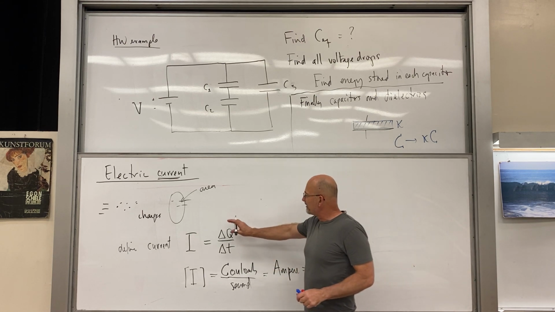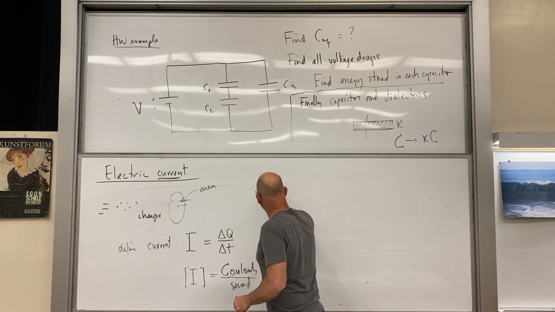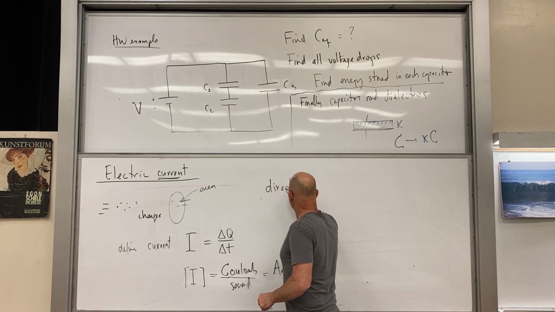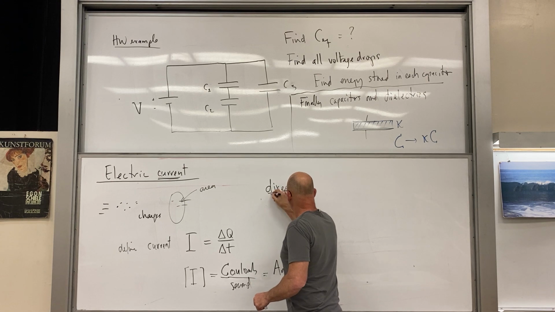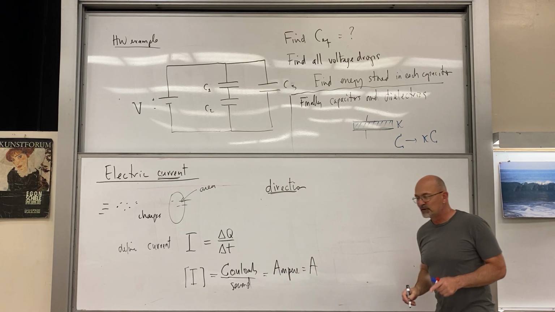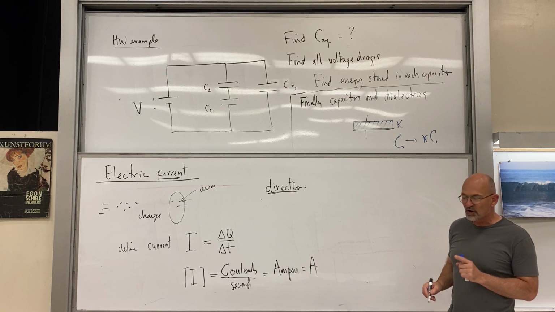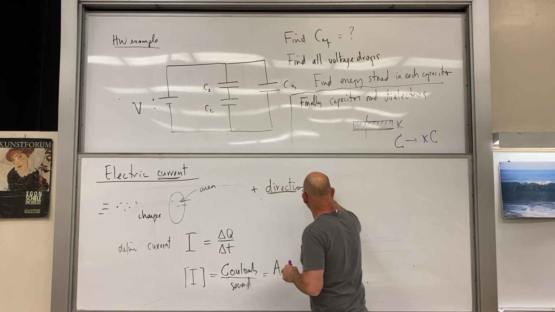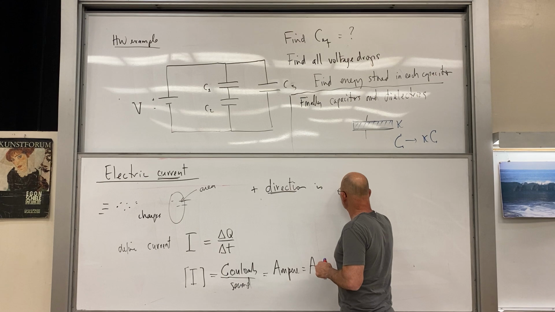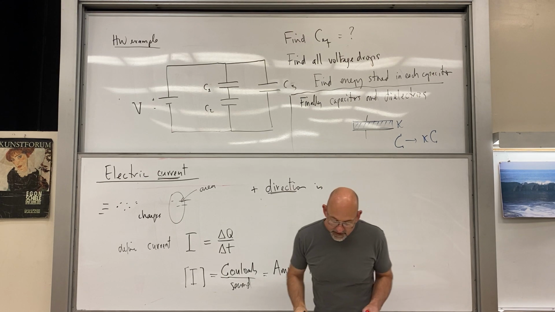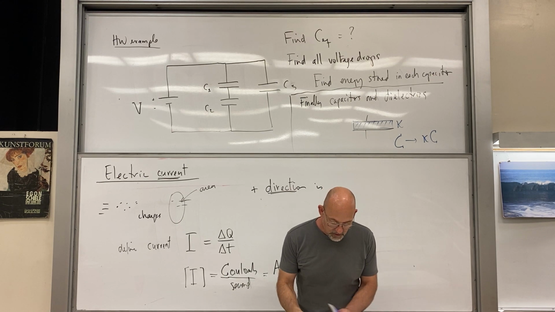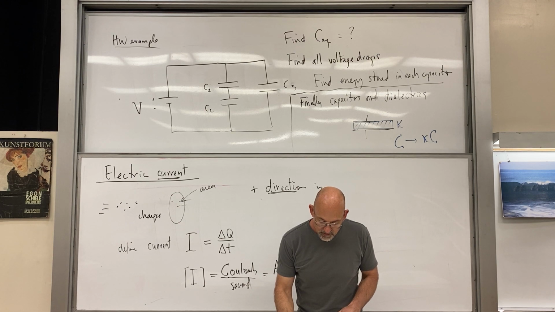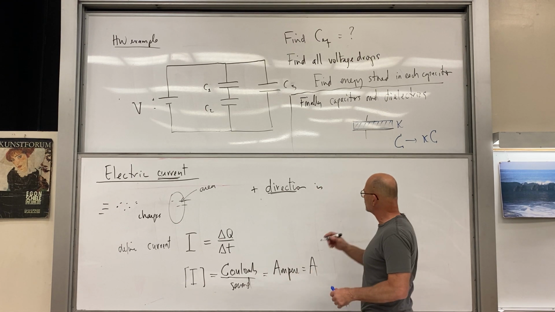So I did mention a vector, and this is important for formal reasons. The direction of the current is the direction of positive charge flowing. So the positive direction is, best way to formulate that, just the flow of positive charges.